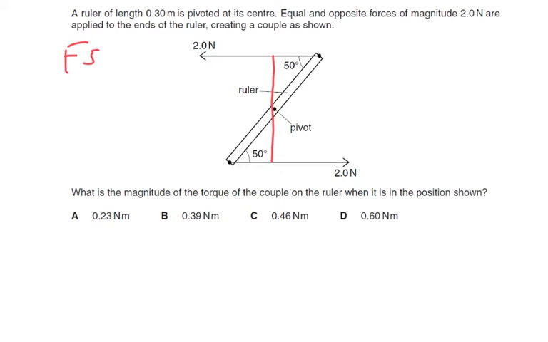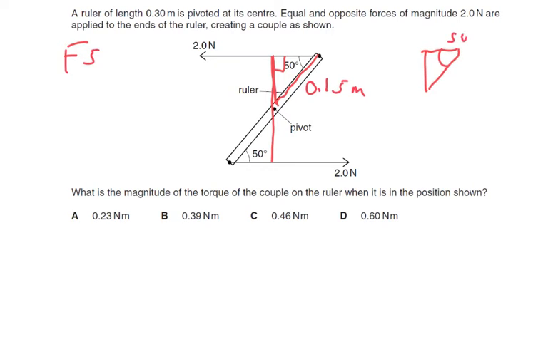So now we've got a triangle here. We know this is 0.15 meters here. We want to work out what's this length here. Well, we've got our hypotenuse, and we've got our opposite angle.